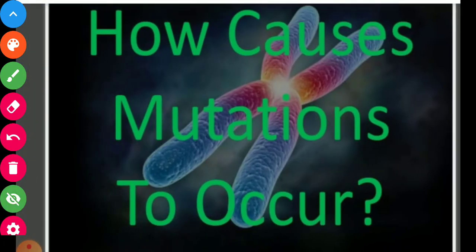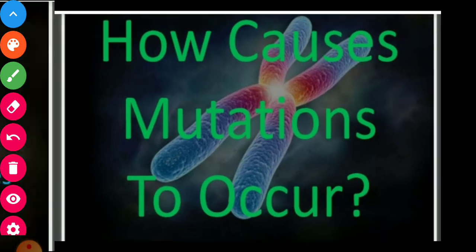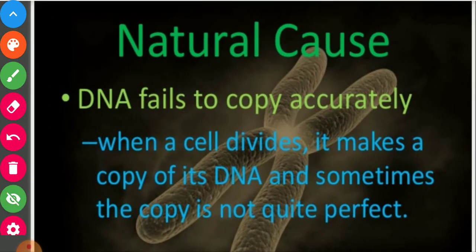Now see how mutations occur. What are the factors which cause mutations? Here you can see the natural causes. When DNA fails to copy accurately, if some error takes place for any reason when the DNA is not copied correctly, then the information changes and this causes mutation.